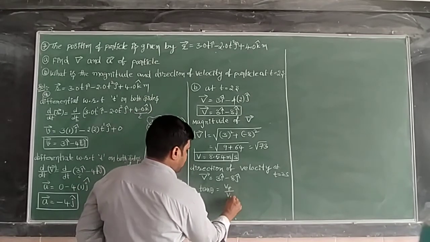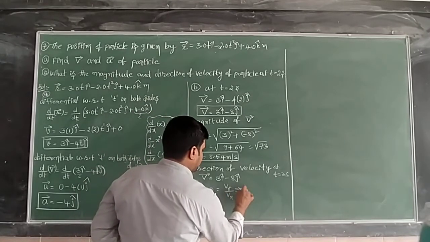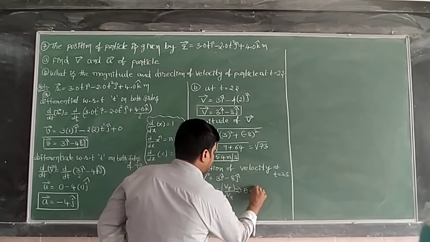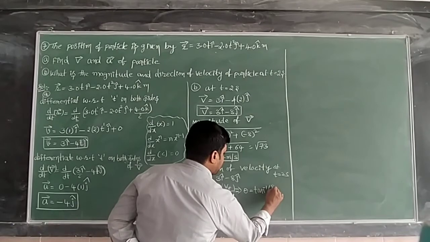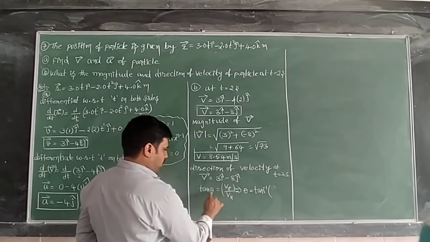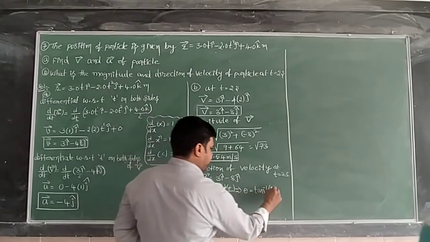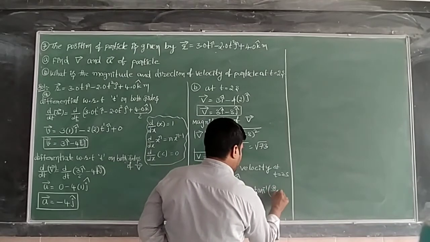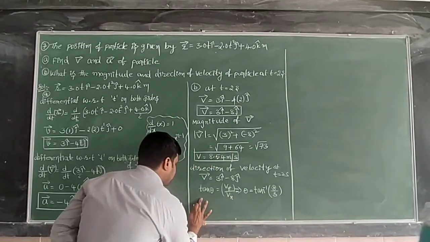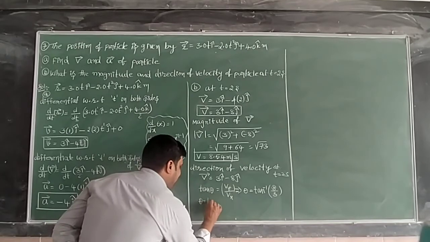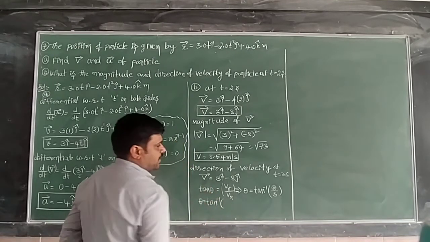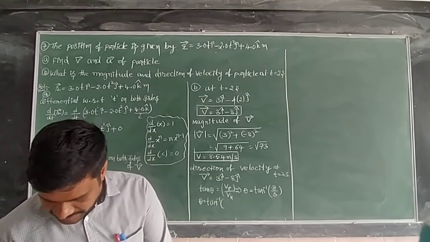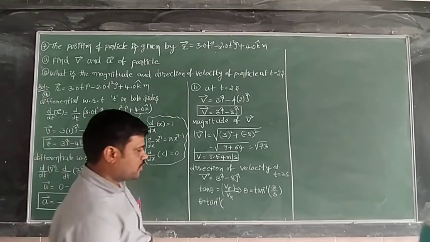Keeping theta on one side, tan will go to the other side. So theta is equal to tan inverse of 8 by 3. How much will you get for 8 by 3?